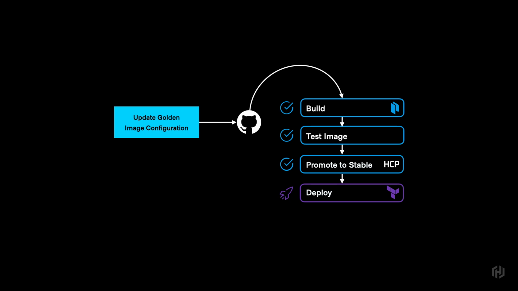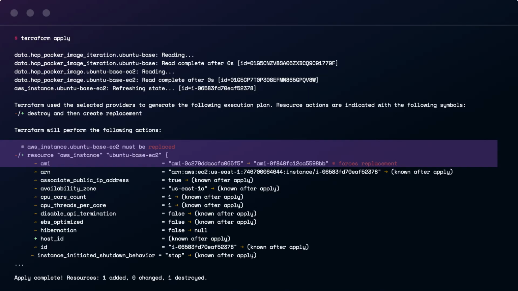And run the same workflow, right? Push the code, trigger the build. It will build the new image. It will run the automation to test that image. Then we can promote it to the stable channel if we are sure about the security of that image. And afterwards, same, we use Terraform apply.